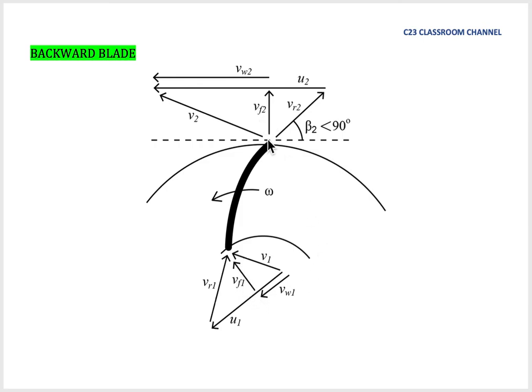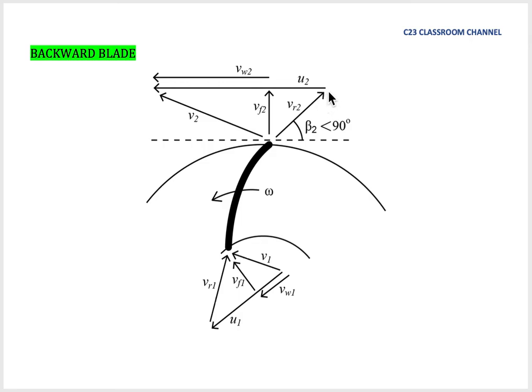At the outlet here, first we need to draw the absolute velocity like this. We draw an arrow here with some inclination and we label it as absolute velocity at the outlet, V2. Then, because the blade shape here will create VR2 at this angle, we need to draw VR2 parallel with the angle at the outlet blade here. So we draw VR2 like this.